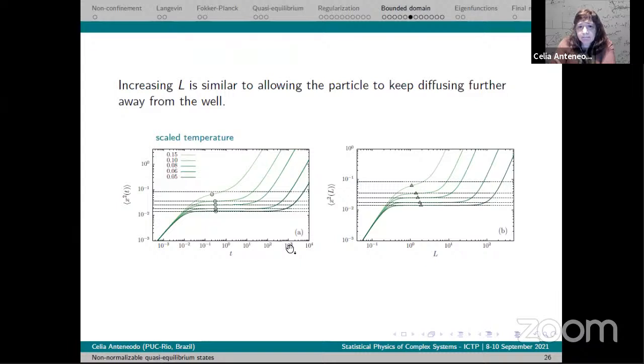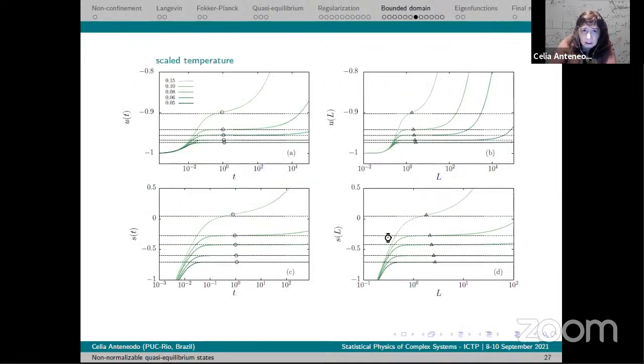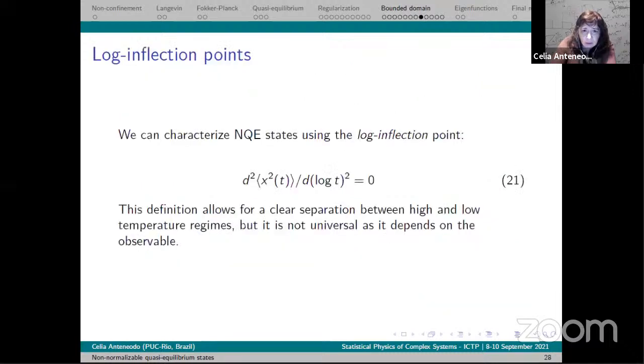So what I wanted to emphasize here is that we know some information about the time evolution. The prediction of values can be performed in the same way. The expressions, the regularization is the same. And here, what we can use to characterize the states is a log inflection point.